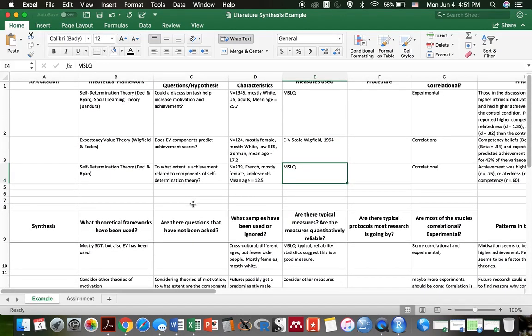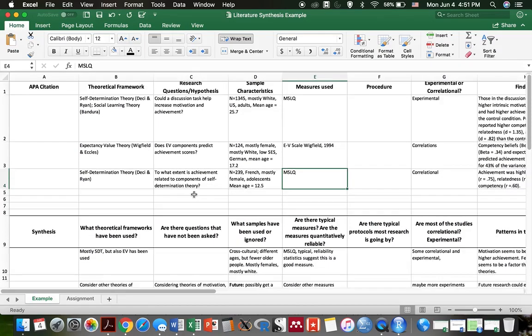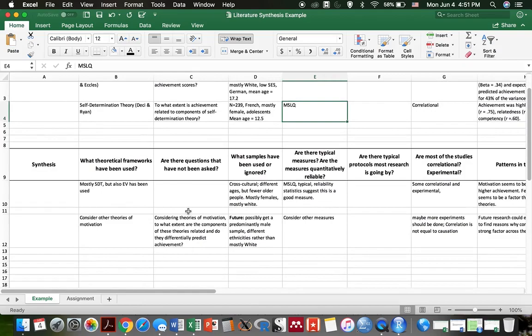Are there questions that have not been asked? So this is important because typically you'll not find a lot of repeat questions, because a lot of times there's not published research that will publish articles that have already been done.